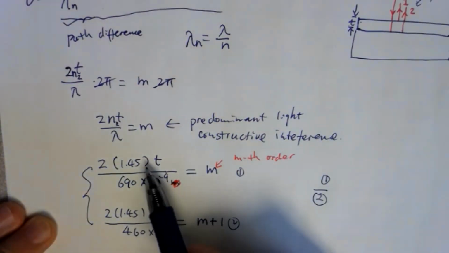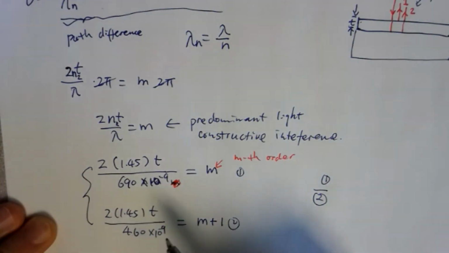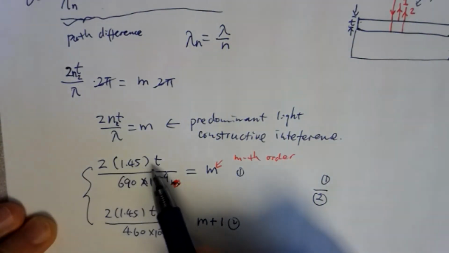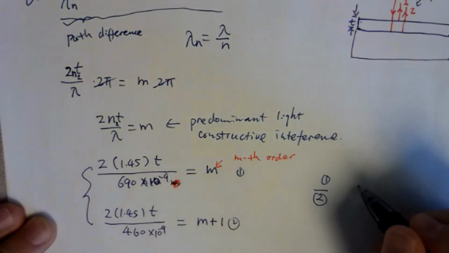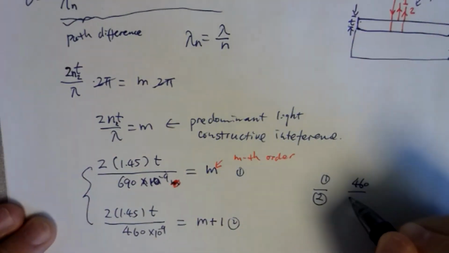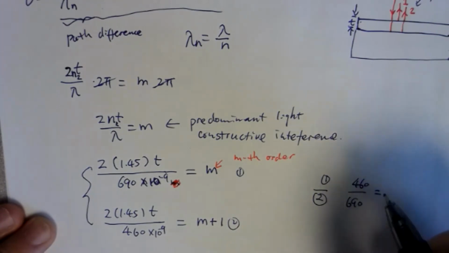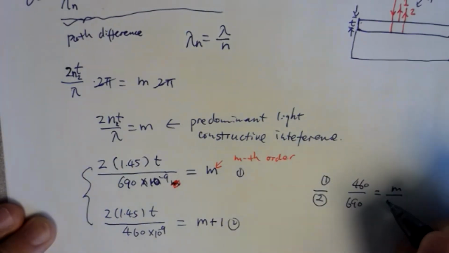Then 2nt will cancel, and the denominator will flip. So you get 460 over 690 equals m over m plus 1.